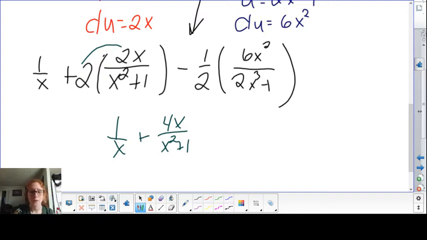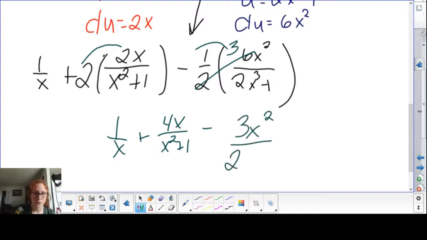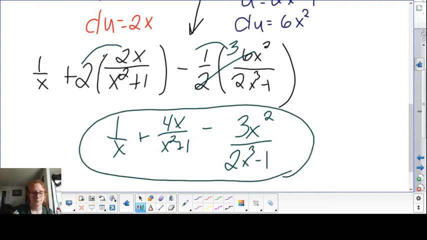Now on this one, I'm dividing by 2, and I have a 6 on top. 6 divided by 2 will give me a 3. And then I multiplied by 1. Anything times 1 is still itself. So minus 3x squared over 2x cubed minus 1. And that's as simplified as that can get. And that's my answer.